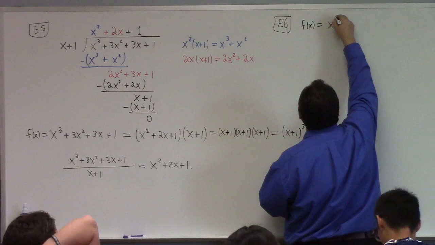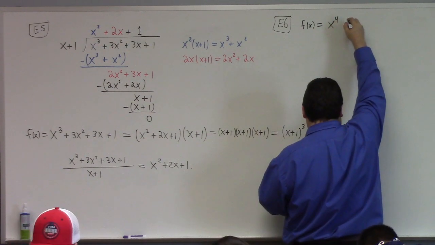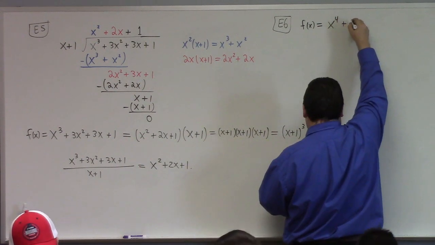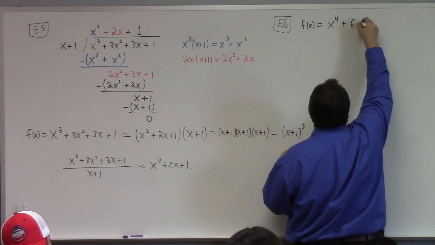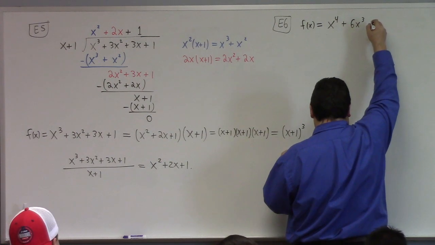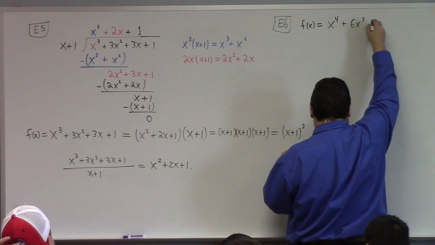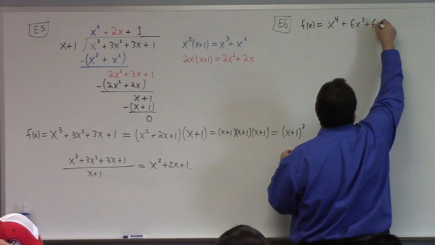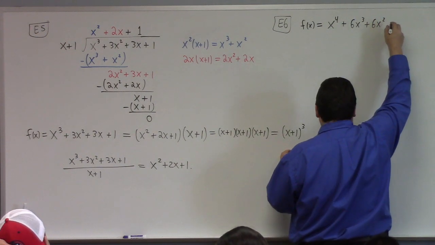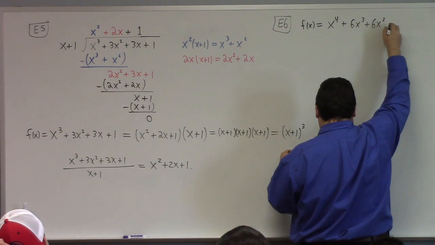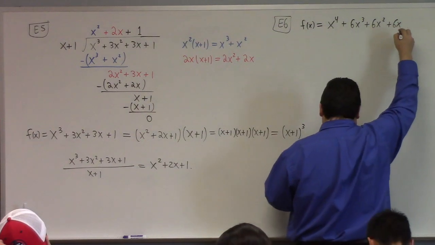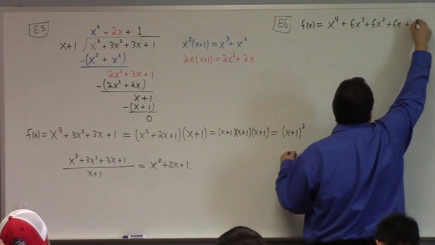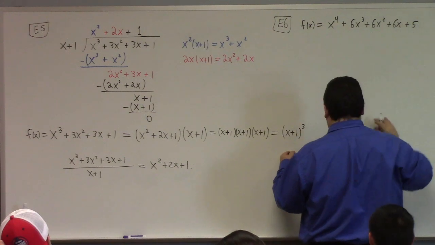So x to the 4th plus 6x cubed plus 6x squared plus 6x plus 5. I hope that I got it right. All right.